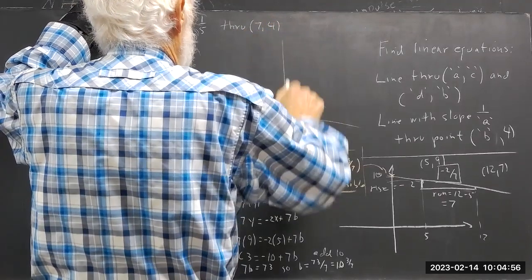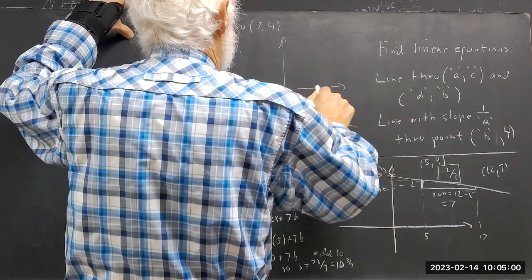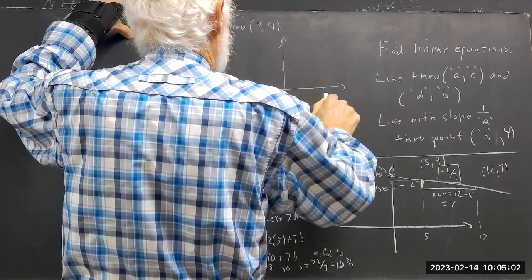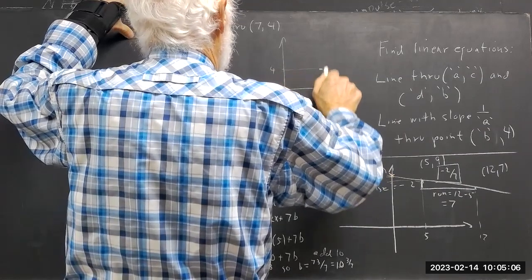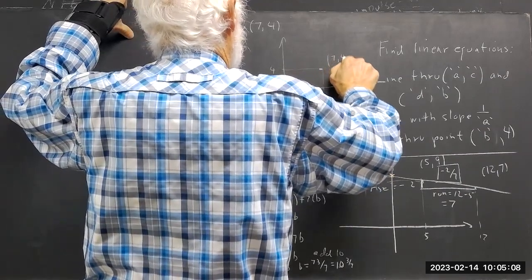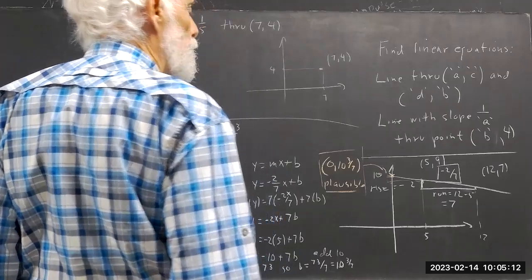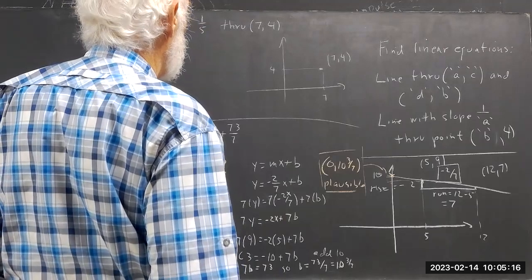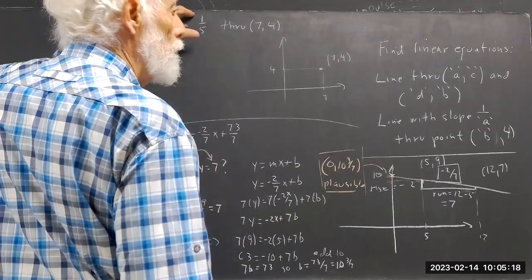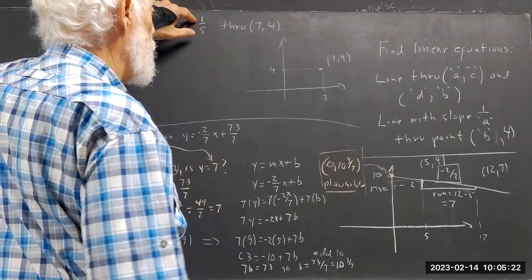I can sketch that. This is 7 and this is 4. Here's the point 7, 4. A slope of 1/5 means if we move over 5, we move up 1. If the run is 5, the rise has to be 1.